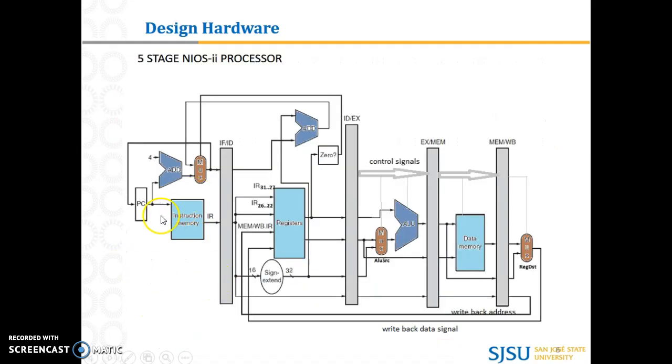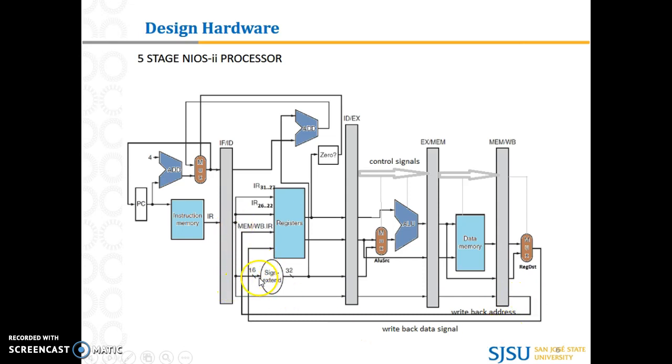You can see here in detail. These are the registers. Bits 31 down to 27 are one register, which you can consider as source. 26 to 22 is the target register, and this is the destination register, and this is the memory write back register, which comes from the write back stage pipeline.